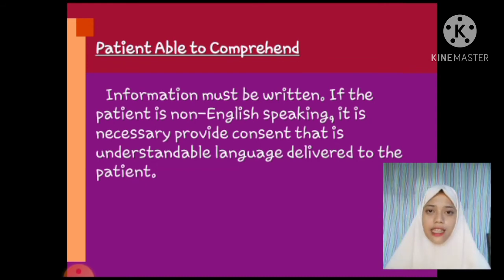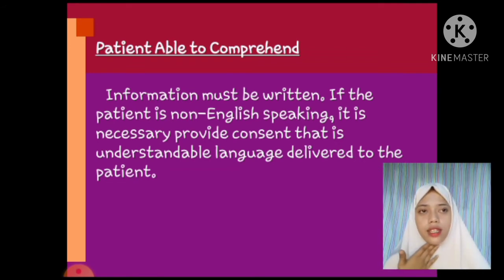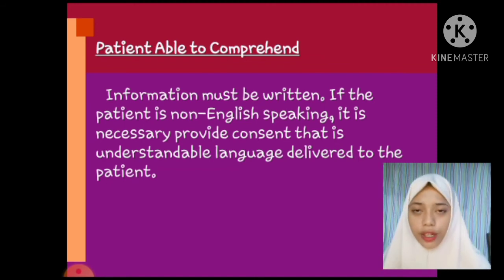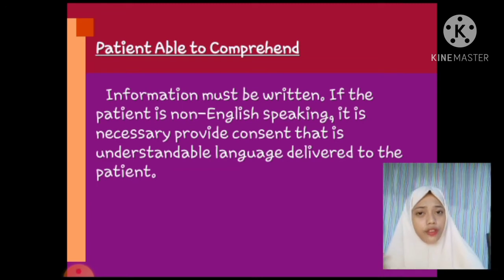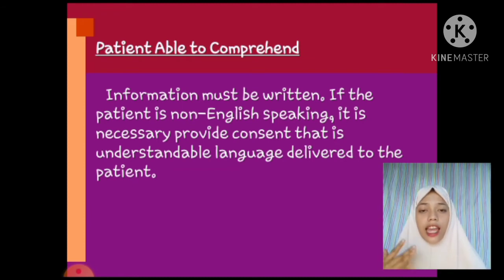For example, if the patient is Sinama, you need to speak in Sinama so that the patients can understand what you are going to say or what you are going to interview them about. That makes it easier to get information from the patients. So that's all for my topic.